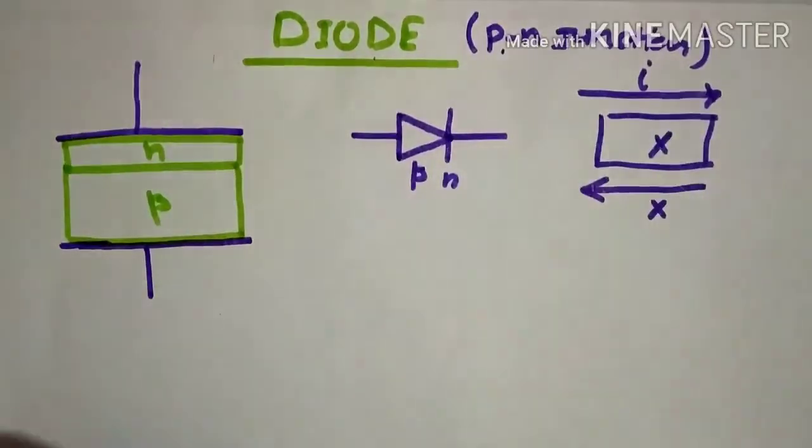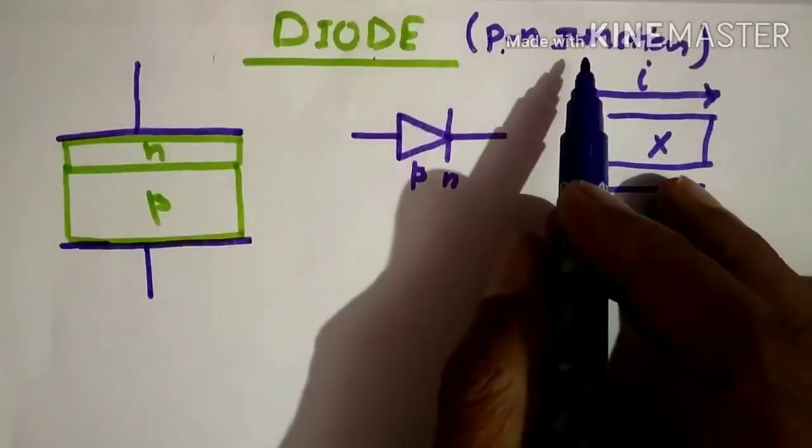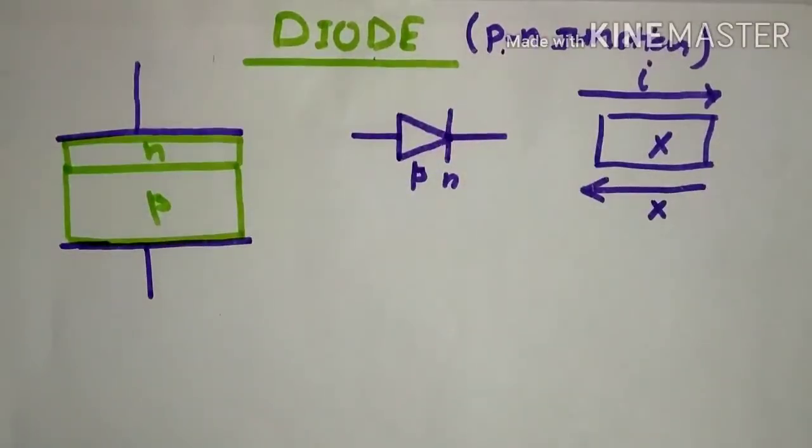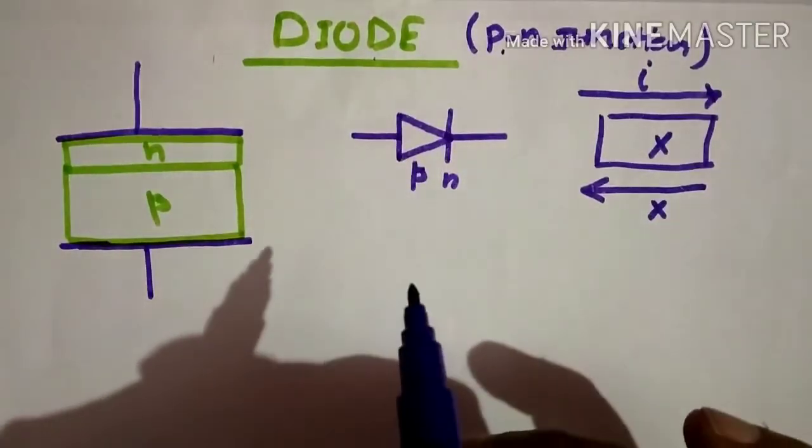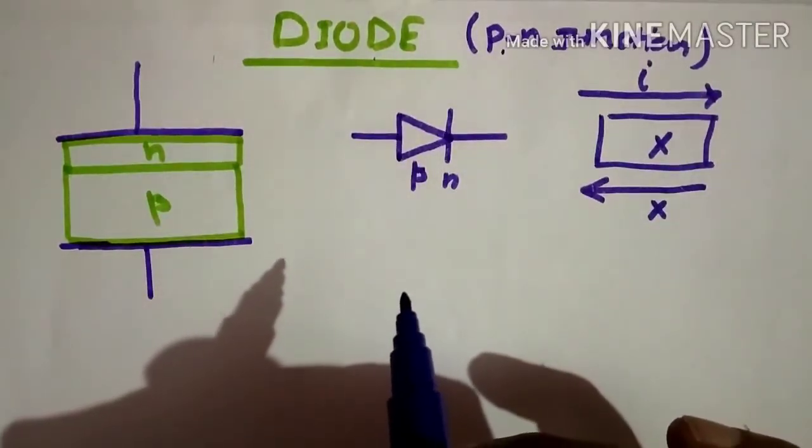So such a device, semiconductor device, is known as diode. Direction of the arrow represents the direction of current in the diode.